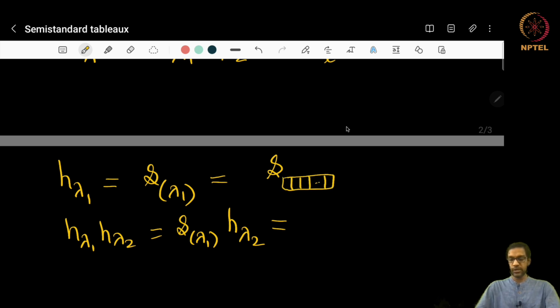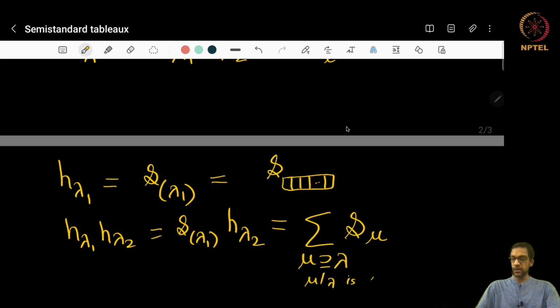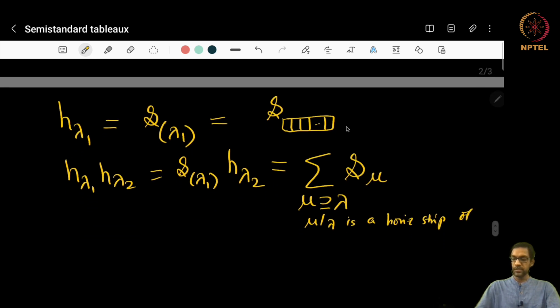This is the Schur function corresponding to lambda 1 boxes arranged in a single row. When I multiply that with h lambda 2, well, I sort of know what I'm supposed to get. I'm supposed to look at S mu, where mu ranges over all partitions of a certain kind, right? Mu contains lambda, and mu minus lambda is a horizontal strip of size lambda 2.